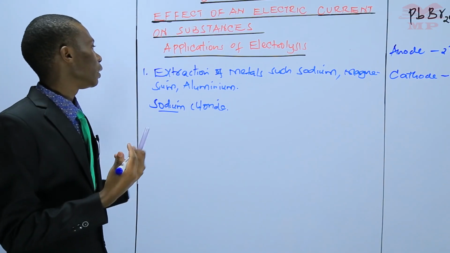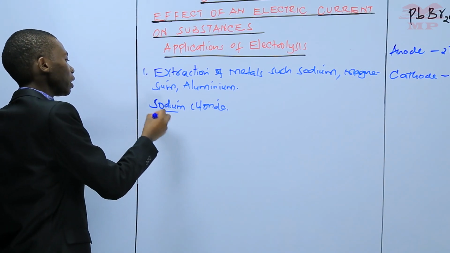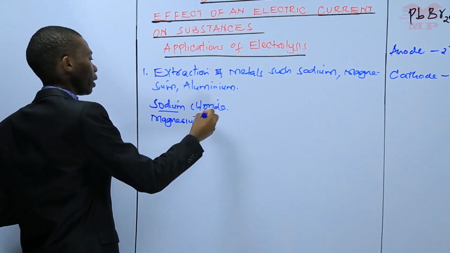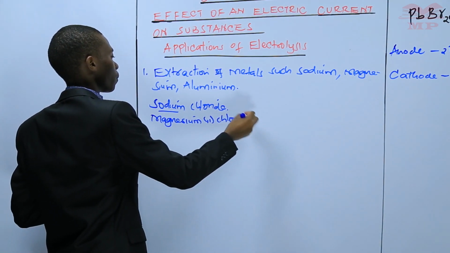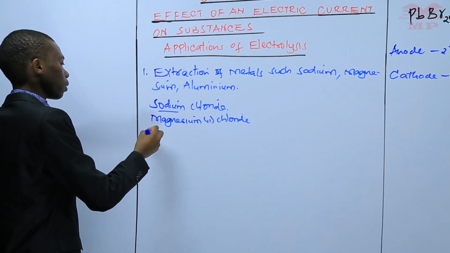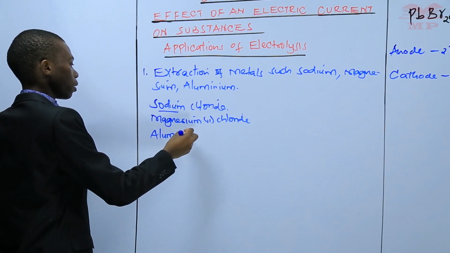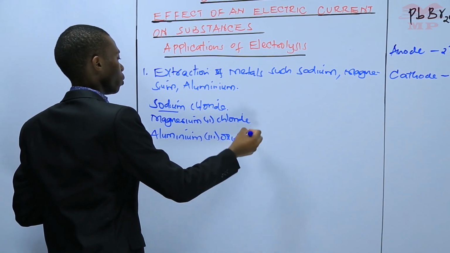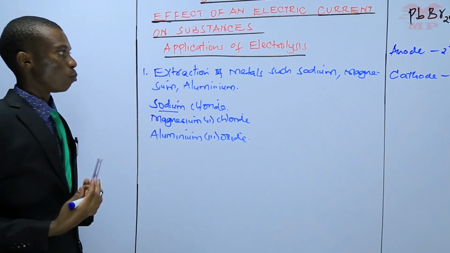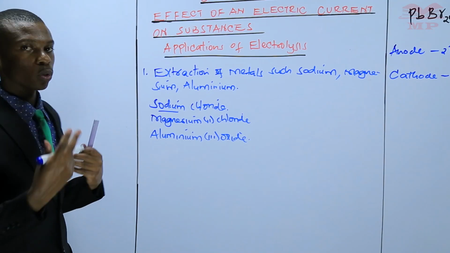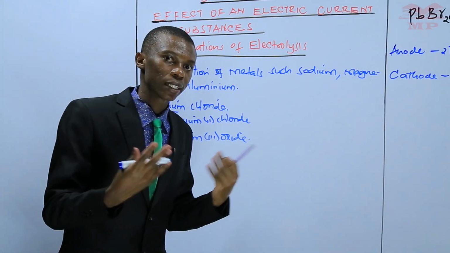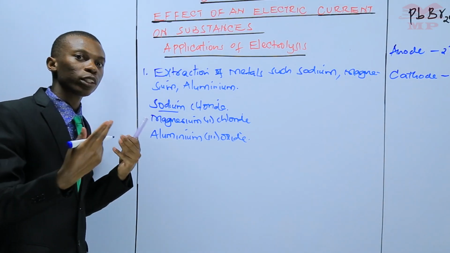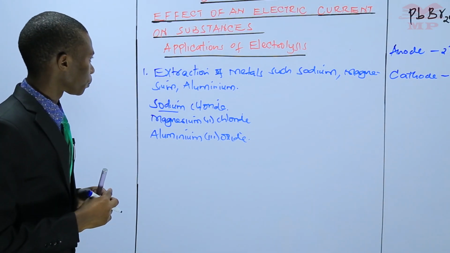The same thing happens in magnesium. You get magnesium from magnesium 2 chloride, and aluminium from aluminium 3 oxide, or the compound which is called bauxite, which again you're going to learn about in the coming topics in future.